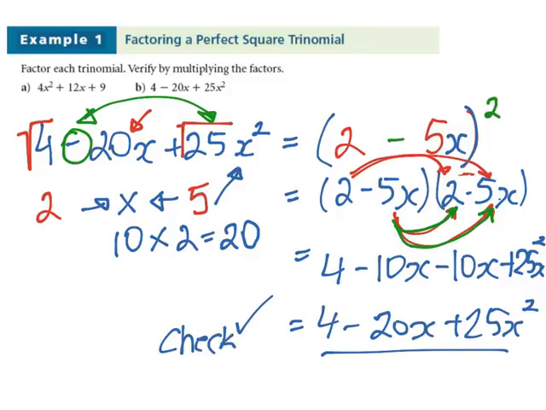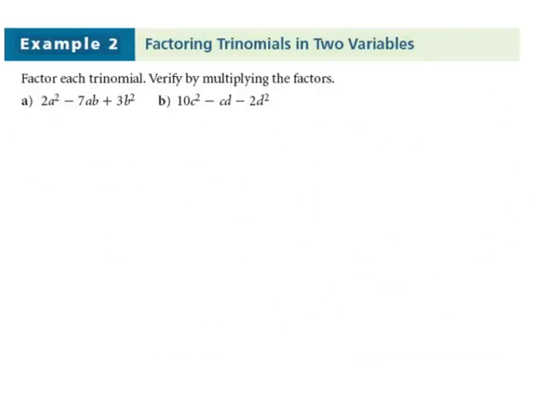Let's take a look at the next problem. In this case, we have more than one variable. This means we have two letters, A and B. Just as long as the pattern contains a squared and ab, and of course then b squared, we could factor this trinomial as any other trinomial we've done thus far.